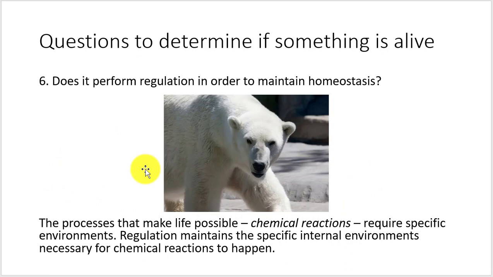Can this organism, or this thing, perform regulation in order to maintain homeostasis? This is related to that idea of responding to stimuli in the environment. Let's break this down a little bit. Homeostasis means a constant environment, usually a constant internal environment.